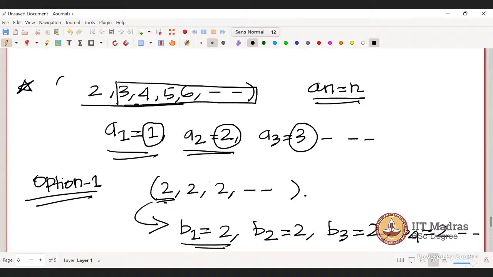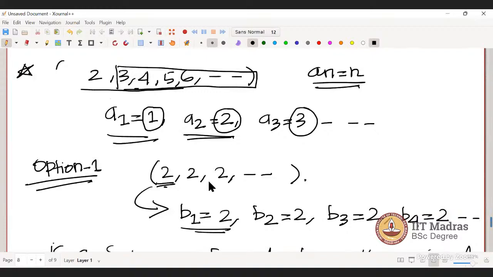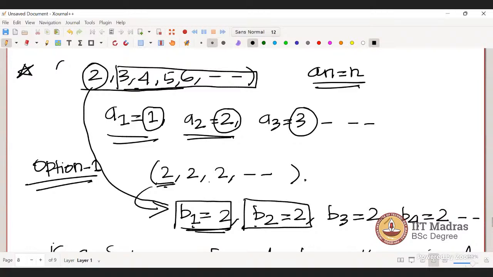So then I cannot bring one more 2 here. After getting a 2 here, which I got from this second term, I got this B2. But where can I get this one from? I cannot get it from this sequence, because after that there is no 2. So at some point there should be another 2.